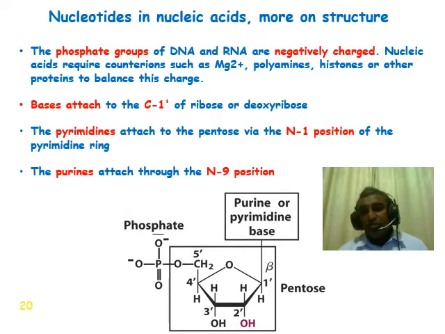Magnesium is the cofactor for DNA, RNA, and also for PCR, polymerase chain reaction, which you will learn in genetics or gene technology. There you will see you need this cofactor magnesium when you want to do the PCR technique.